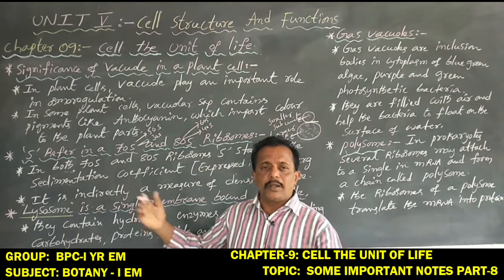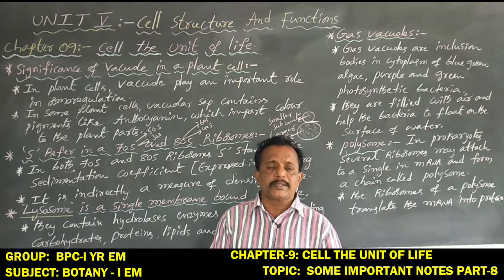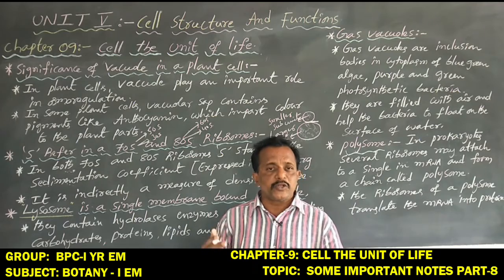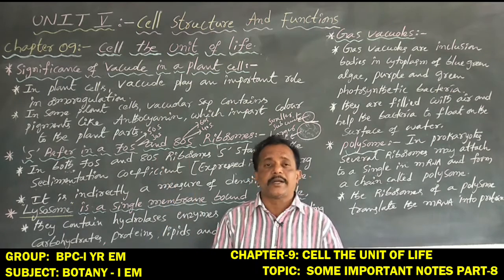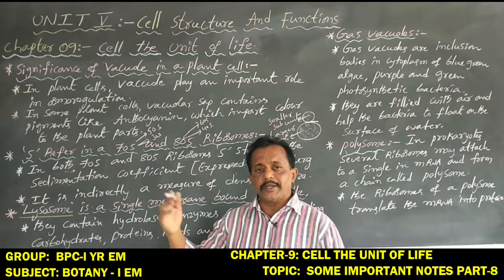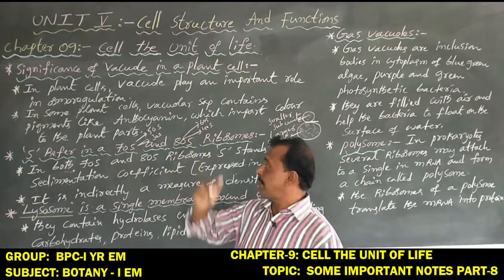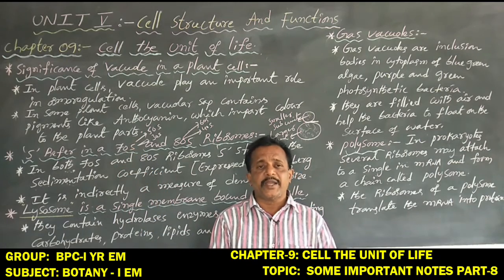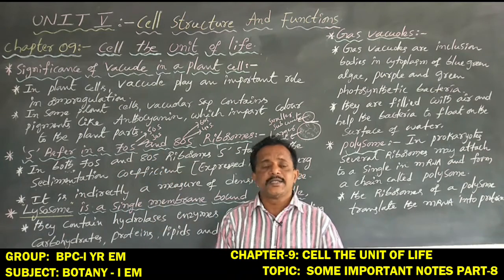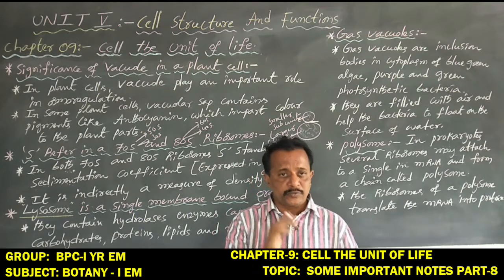Ribosomes are present in eukaryotic organisms and also in prokaryotic organisms. Eukaryotic organisms contain 80S type of ribosomes. Prokaryotic organisms, especially bacteria, contain 70S type of ribosomes.